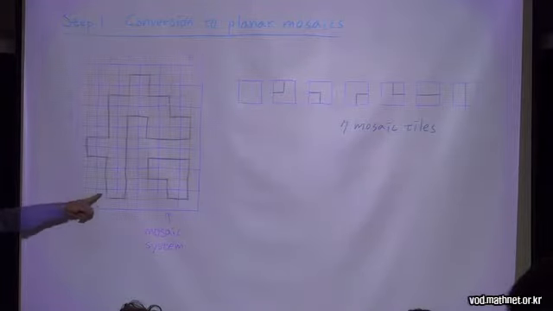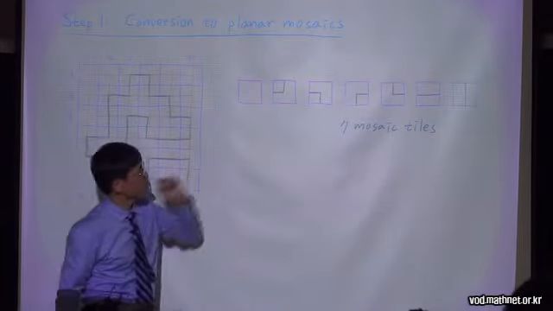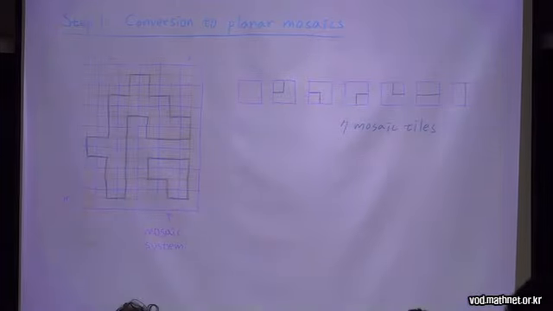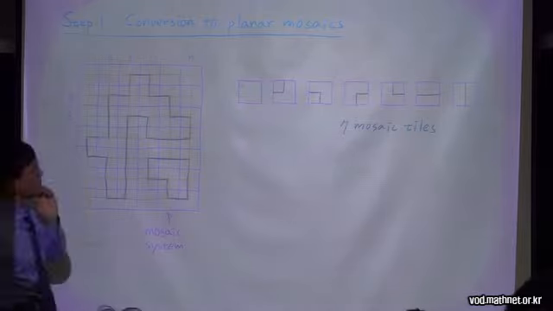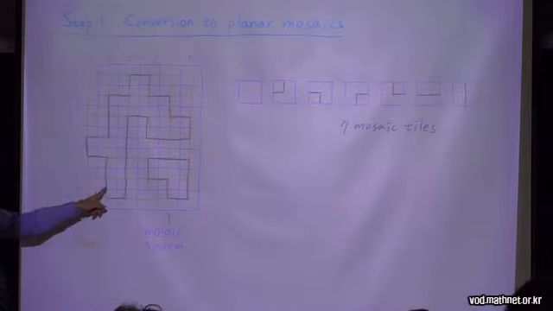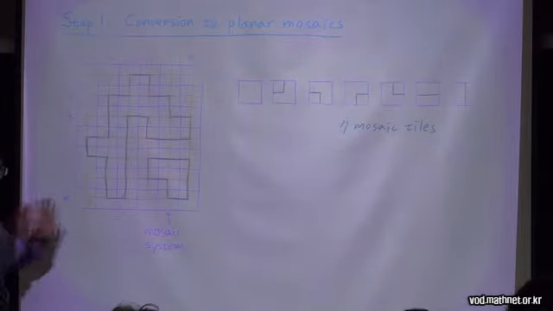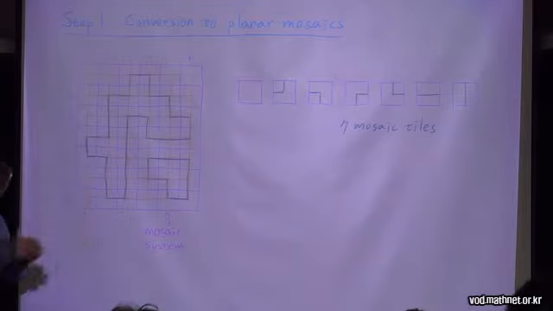The polygons must lie on the lattice, but in the mosaic system, we're going to use only 7 types of mosaic tiles. Then we can explain everything, right? In this case, we don't need any crossings on the mosaic. So we're going to delete 4 tiles from the original 11 mosaic tiles, so we will use only 7 mosaic tiles.